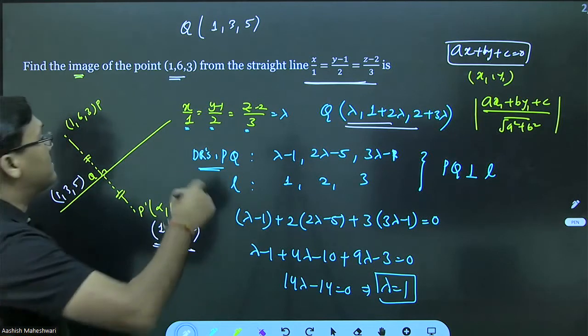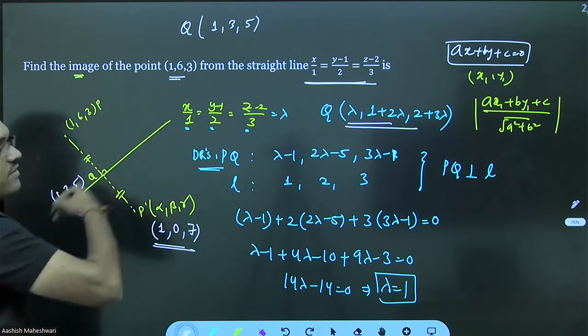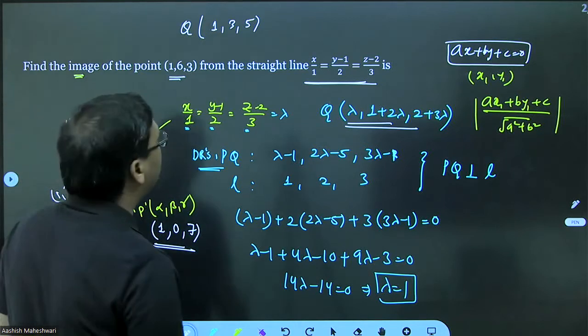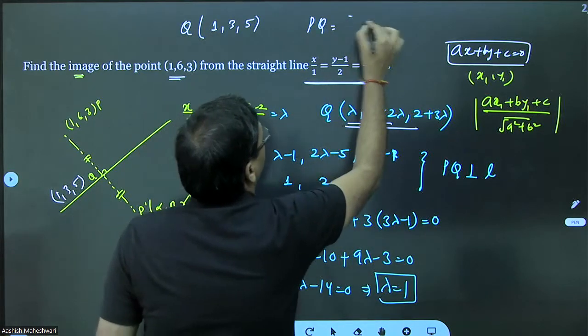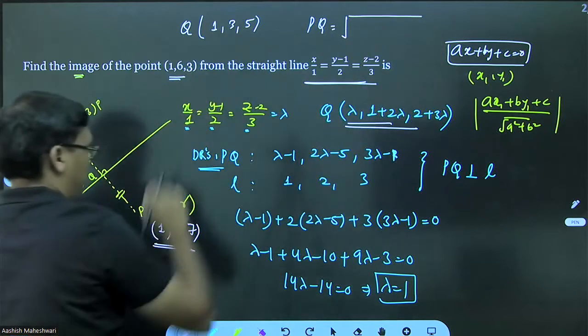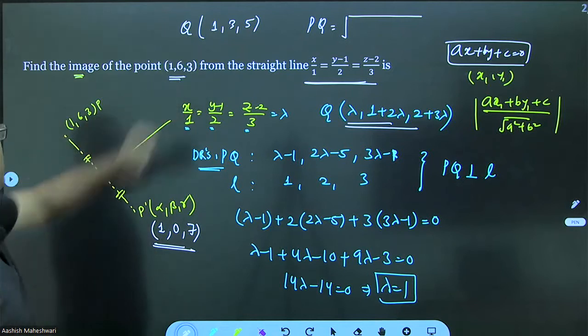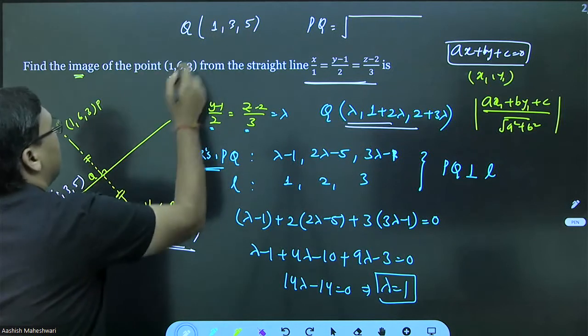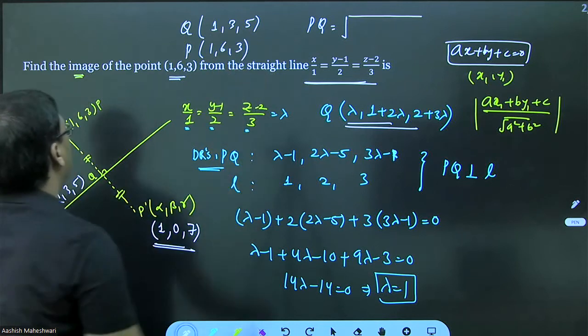Now the question is, let's say you have to find the perpendicular distance of point P from this line. You can again just write the distance formula for PQ, which is under root of this. The distance you can easily find. This is point Q, this is point P. P is the point 1, 6, 3.